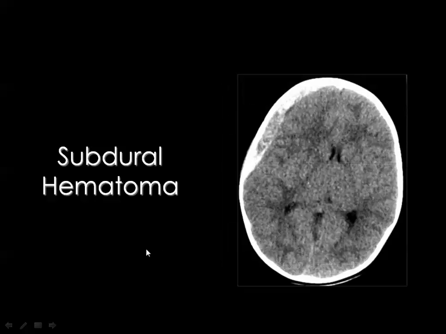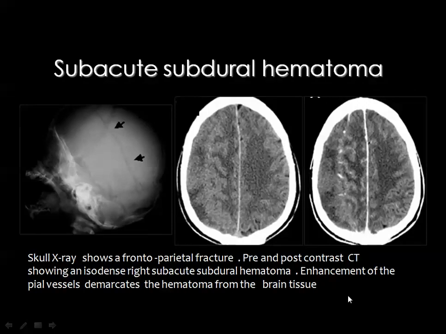And this is a good example of a subdural hemorrhage, hyperdense collection related to the inner skull table with a concave inner margin. Then, after some time, maybe the range of 2 weeks, the hemorrhage will start to decrease in density.